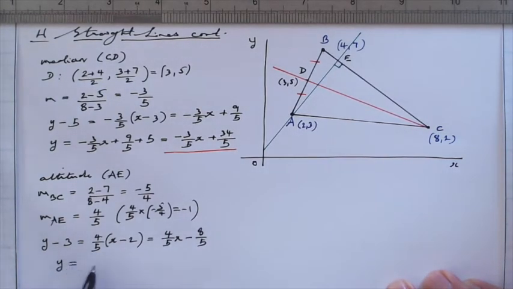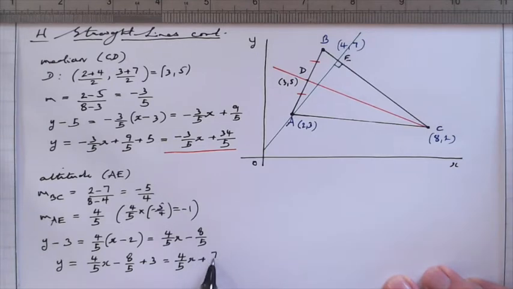So y will equal 4/5 x, take away 8/5, and then plus 3, taking that -3 over. 3 is 15/5, 15 take away 8 is 7, so this should be 7/5. And that's the equation of the altitude through A.